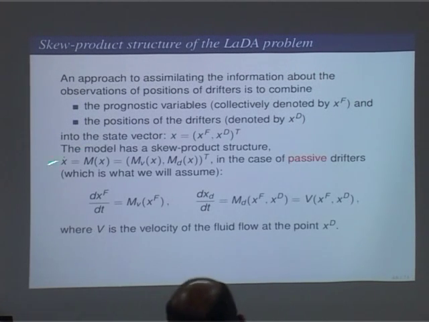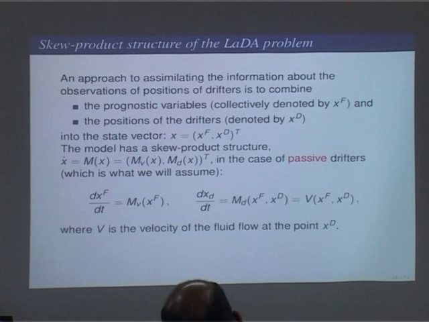Now, if our state is a combination of these two, we have this skew product structure, where our state evolves forward according to our model, and this model has a velocity component and a drifter component, which are coupled one way.